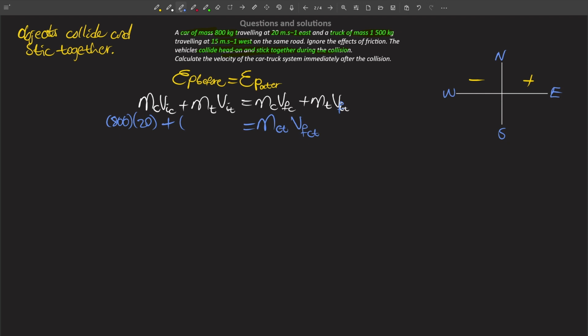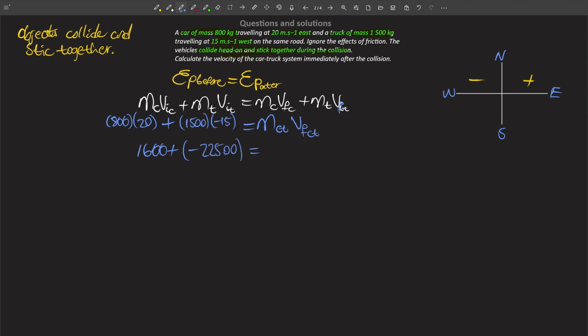The truck will have 1500 and minus 15. 800 times 20 is 16,000, plus minus 22,500.